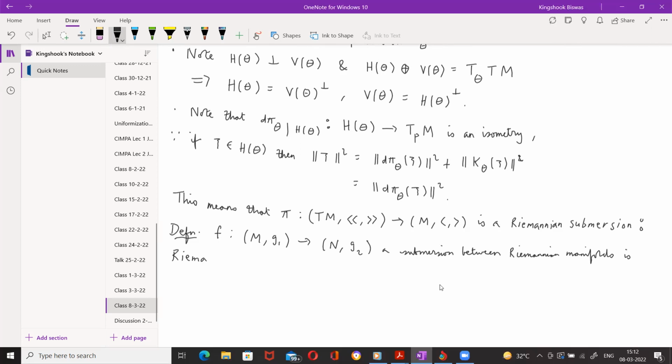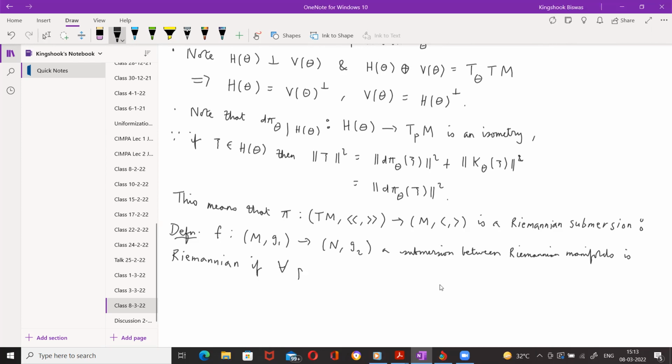So everyone knows what a submersion is, right? Between manifolds, it's a smooth map whose derivative is surjective at each point.